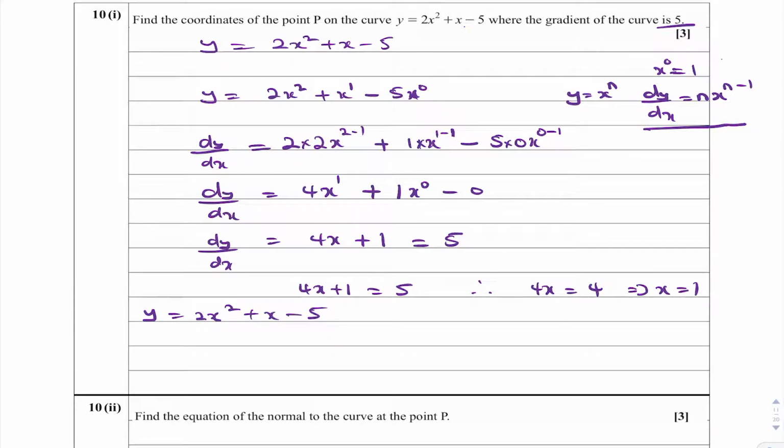When x is 1, I get y equals 2 into bracket 1 squared plus 1 minus 5, which gives 2 times 1, that's 2, plus 1 minus 5, and that will become 3 minus 5 equals minus 2. So when x equals 1, y equals minus 2.